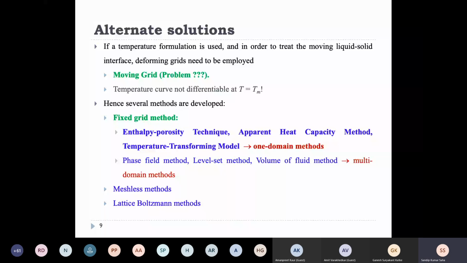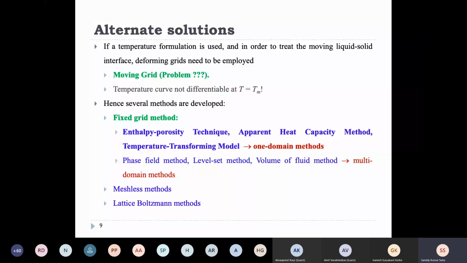So that means in case of fixed grid method, the melt front will be tracked implicitly. Implicitly means I will not calculate the temperature, I will calculate the enthalpy in the domain, and I will see where the enthalpy is in the range between 0 and latent heat.